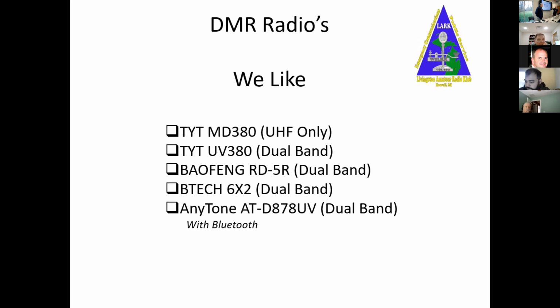Right. But this one has Bluetooth, which is nice if you're trying to do stuff like we do, a lot of parades, right? We do a lot of CERT work. The way we get access to our repeater towers is we trade it for volunteer time, right? We do the parades, we do the Balloon Fest, we do stuff like that, and that keeps us in with emergency management.